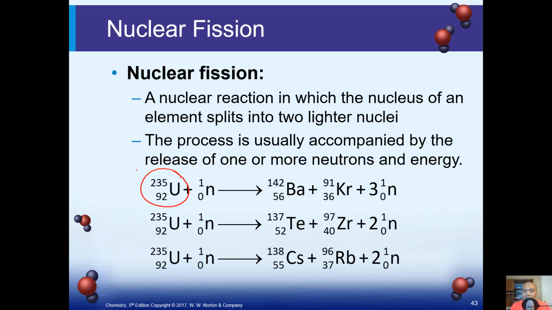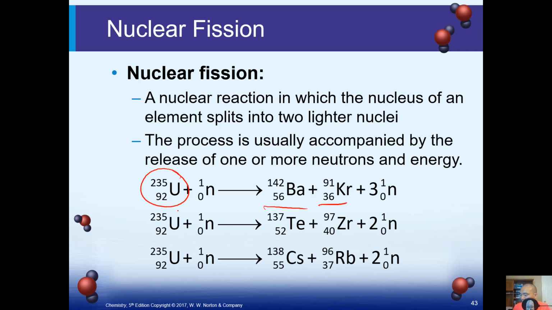When an atom of uranium-235 captures a neutron, it creates a highly unstable nucleus which spontaneously splits into two lighter nuclei in a process that is called nuclear fission, which means a heavier nucleus splits into two lighter nuclei.